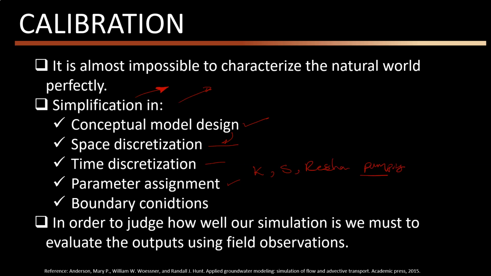So usually we have some sort of averaged information, both spatially and temporally. For example, about the hydraulic conductivity, we usually have a few field measurements, and we have to extend these numbers within the entire space.